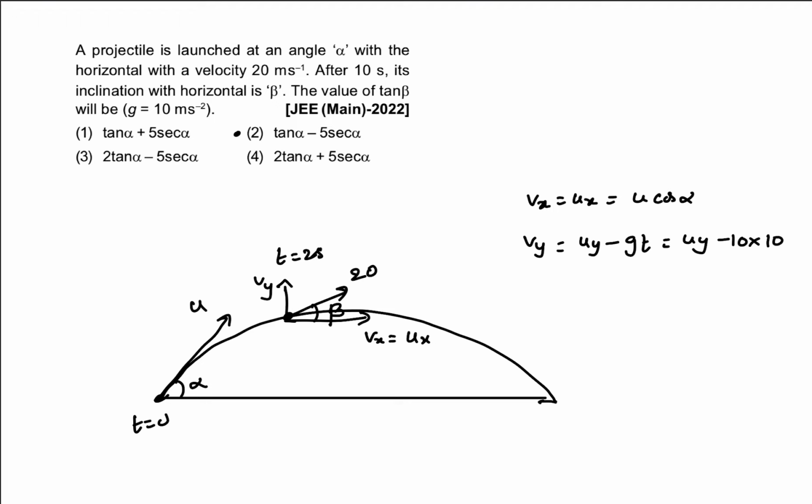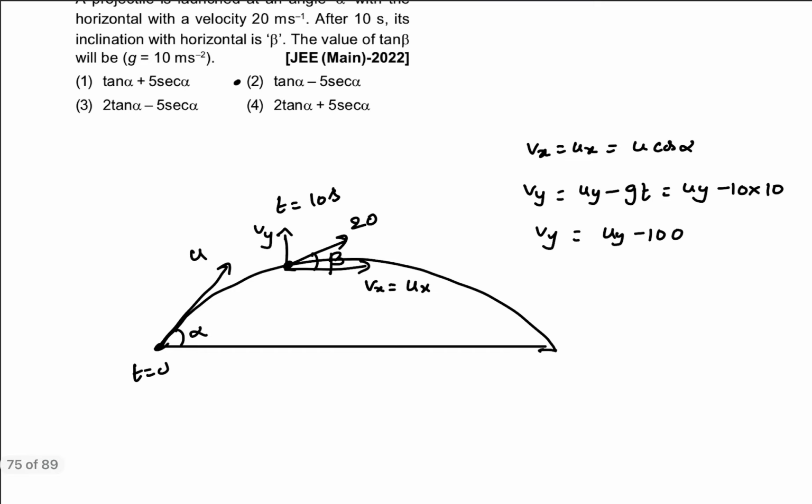Sorry, not 10. T value also 10. Here also I am writing T is not 2, T is 10 seconds. So I can write Vy value is equal to Uy minus 100. Again, what about the V square value? V square is equal to Vx square plus Vy square.